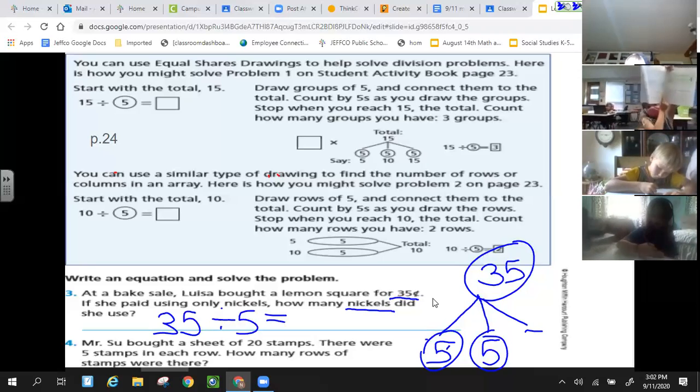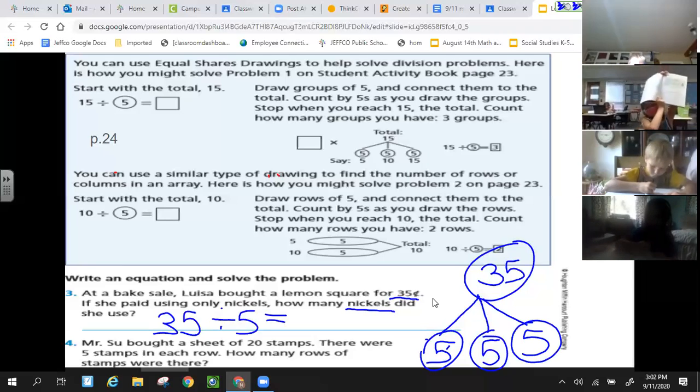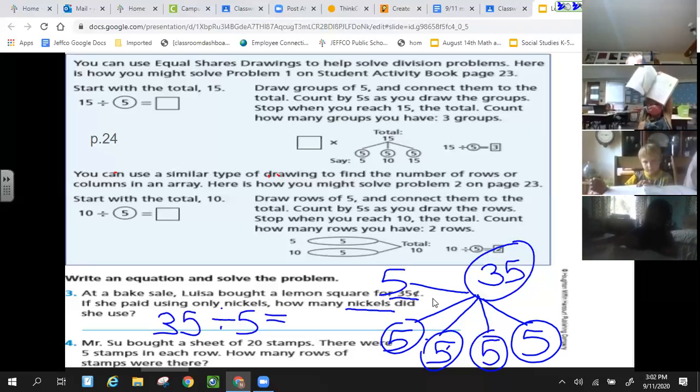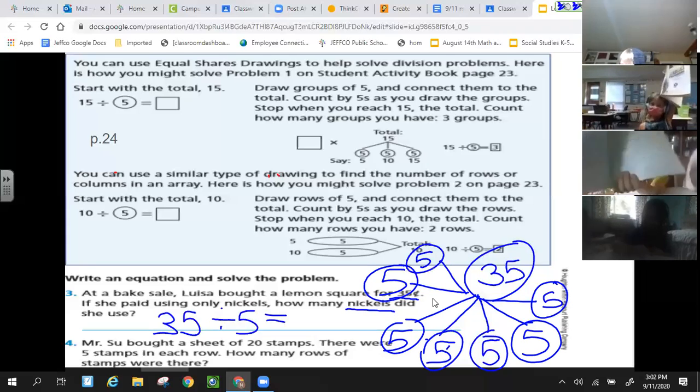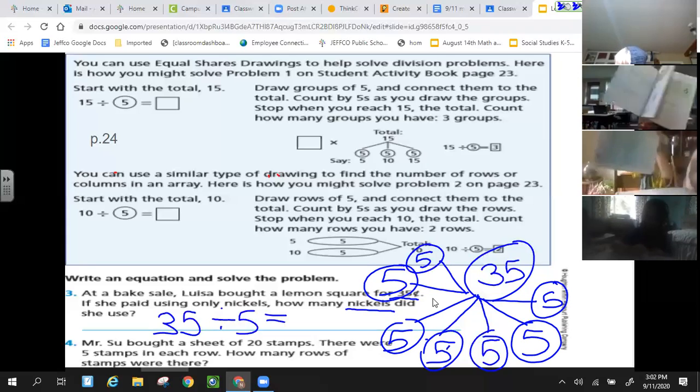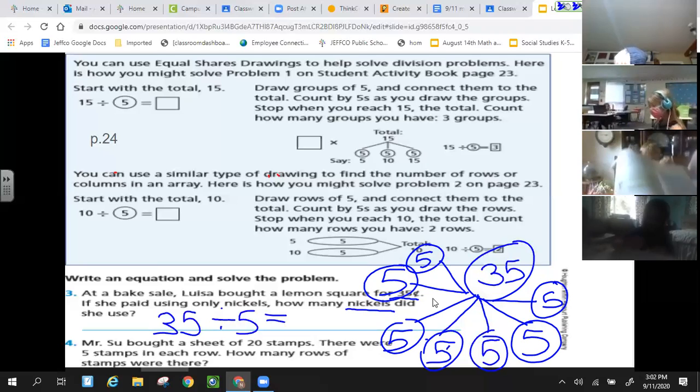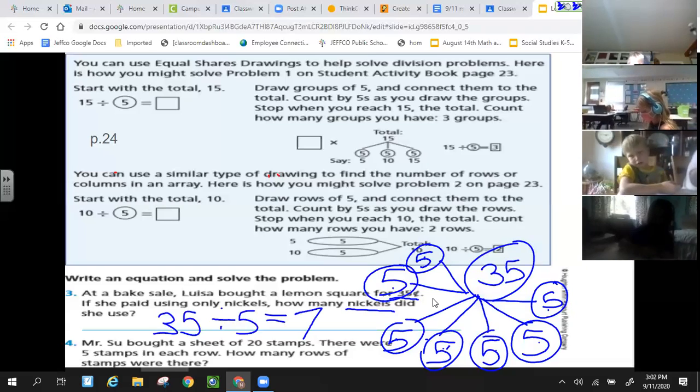Do another one. 15, 20, 25, 30 and 35. How many 5s was that? 1, 2, 3, 4, 5, 6, 7. What is your answer? 7. You should have gotten 7 nickels. That's what our unit is.